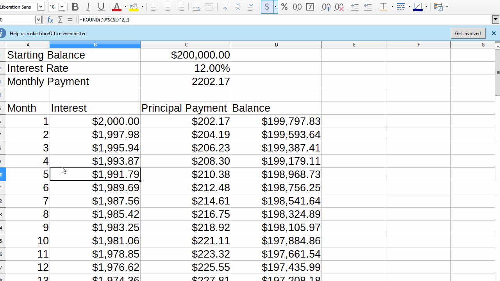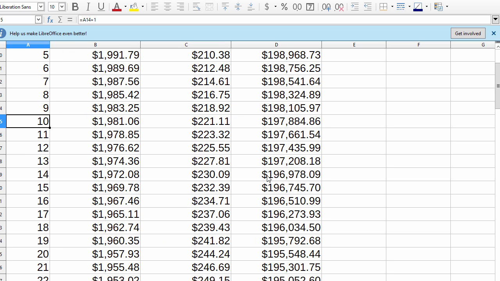But now the computer is continuing this for the remaining months. So we don't get down under $199,000 until month 5, under $198,000 in month 10, but we get down under $197,000 in month 14.